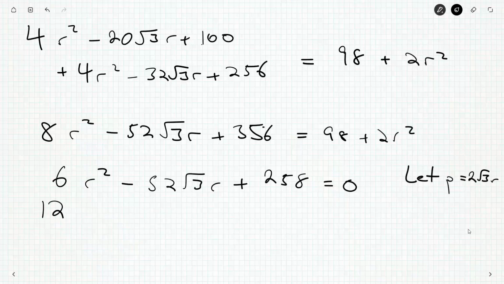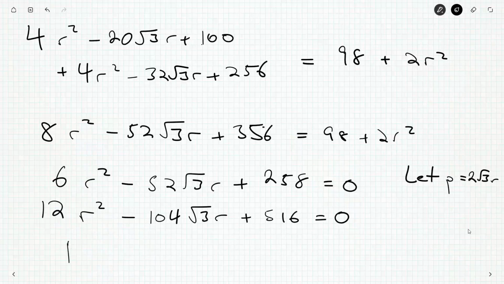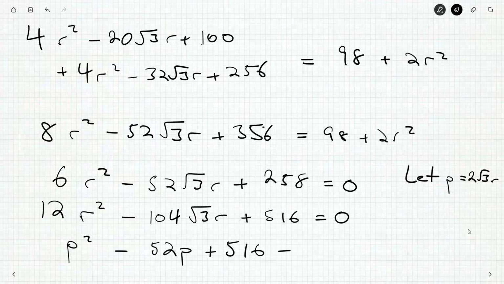So I'll get 12r squared minus 104 root 3r plus 516 is equal to 0. So I multiplied everything by 2 so that now I can say this is p squared minus 52p plus 516 is equal to 0. Now I just need to solve for the value of p and we're done.